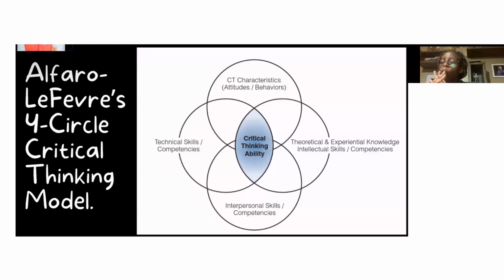So one way to use this circle model to develop your critical thinking ability is to go into each of those circles on the Venn diagram and write out the skills you want to work on, and then just sit down and practice.